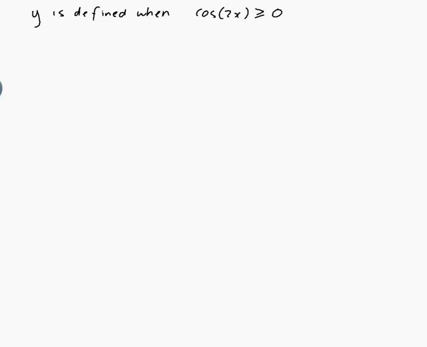Okay, so we ask ourselves, when is cos of 2x positive? And that would be when 2x is in a certain region around the unit circle. So here's our unit circle. Cos is positive here. So that means 2x is between minus pi on 2 and pi on 2.